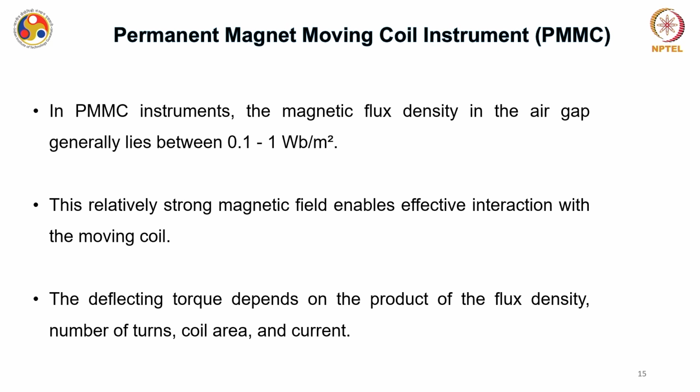So the deflecting torque depends on the product of a number of things, which we will see in the torque equation, but force we all are aware of. This force will be B, I and L. So you have the multiplication of the flux density, the number of turns also you multiply, the current, and the length.